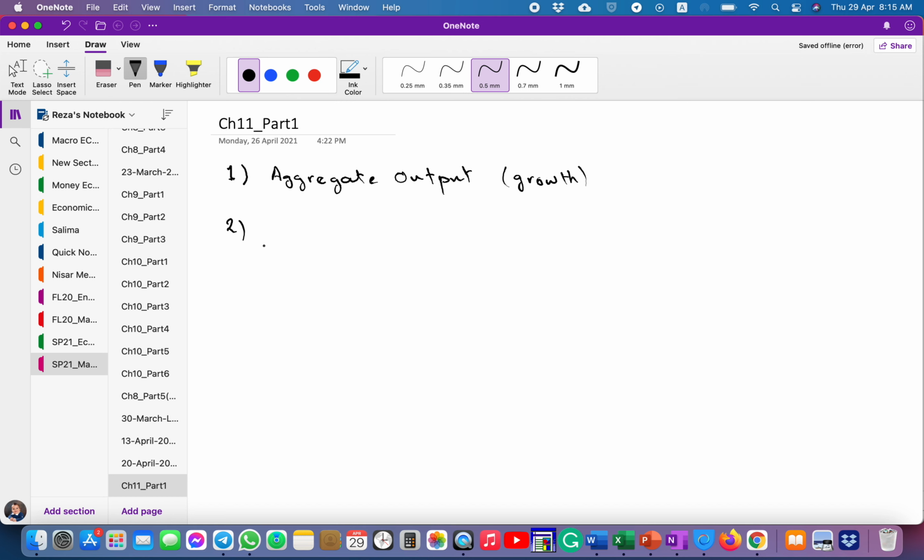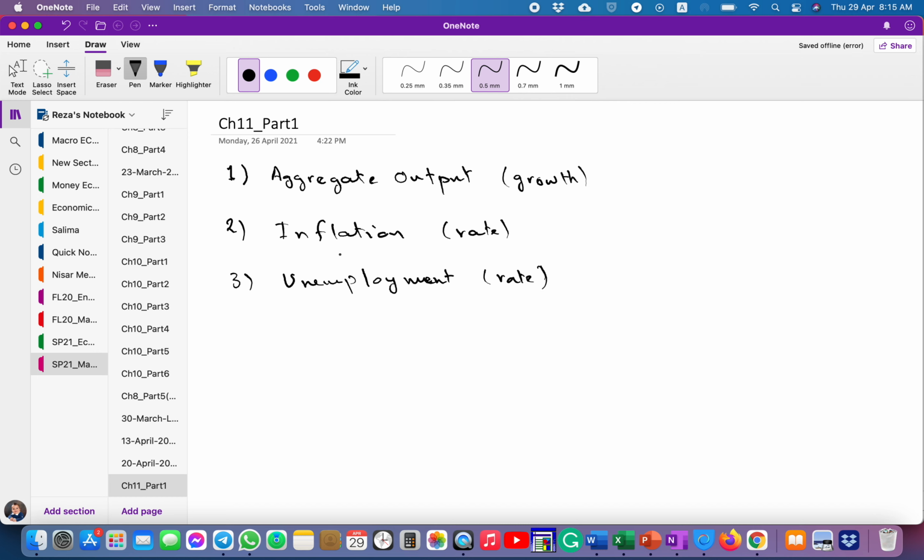And price level and inflation rate. And number three, unemployment rate.